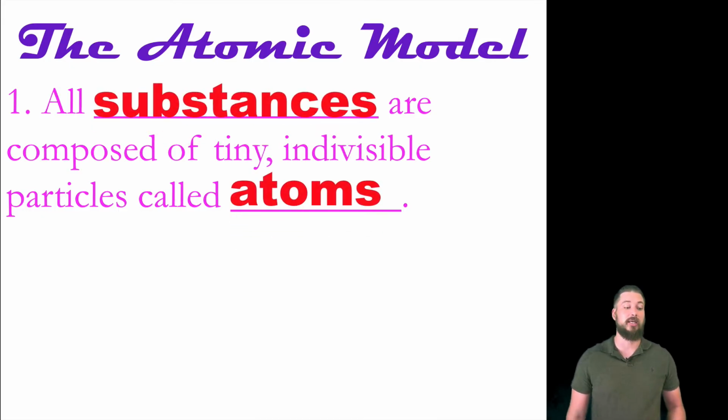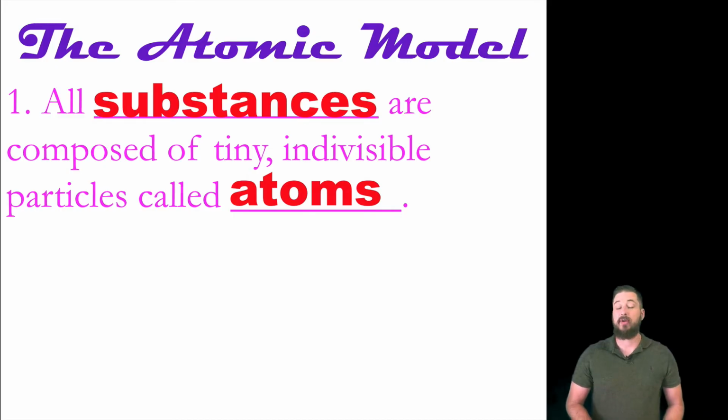The first thing he said, or the first thing we're talking about, is that all substances are composed of tiny, indivisible particles called atoms. Now, I just said that there is a point in which if we infinitely divide this, there's a point in which we can't divide it again and it still be silver.